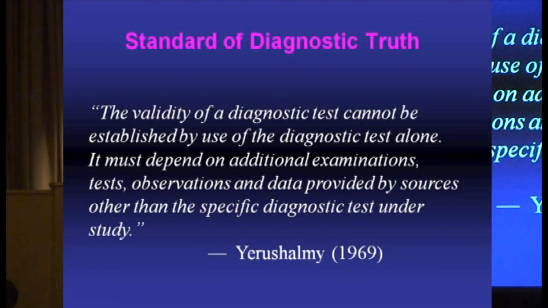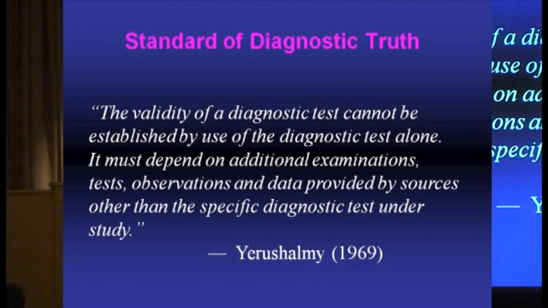And I think even in speaking to each other as peers, or even in speaking to our patients, this kind of accuracy is important, because decision-making is going to occur from these words that we use. I love this case that came out of Dr. Birbaum's lecture. The validity of a diagnostic test cannot be established by the use of the diagnostic test alone.